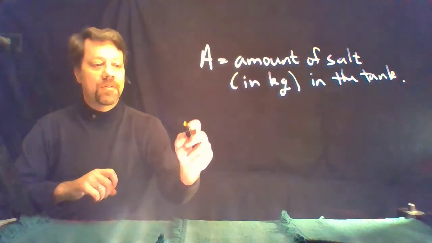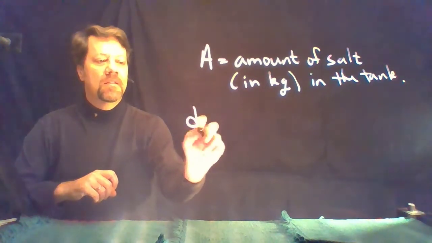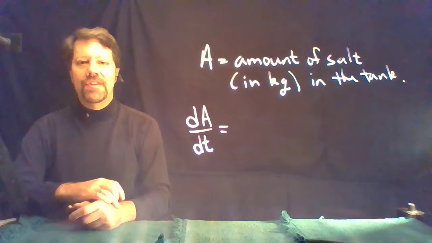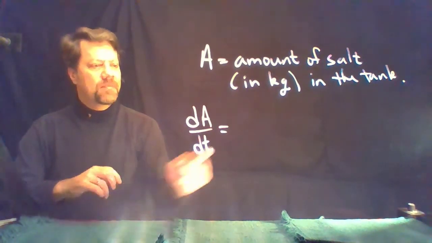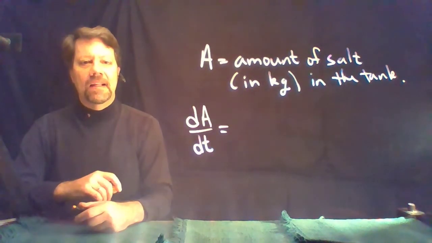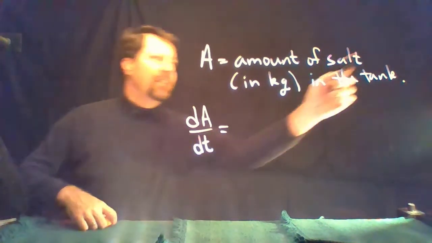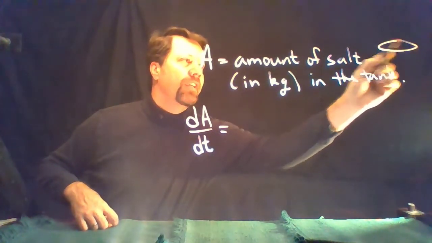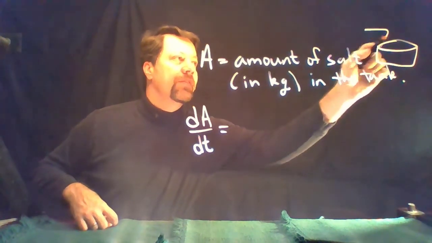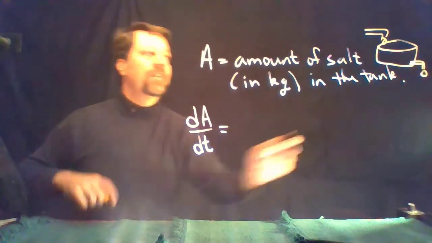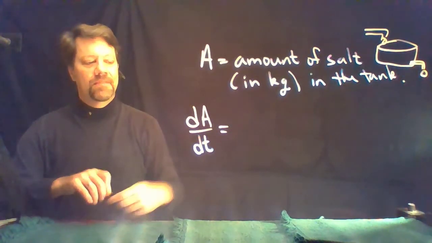Now, there are several rates to consider here. How is salt changing in the tank? Well, there's salt going in. We're adding salt into the tank. If the tank is over here, we have stuff going in, but we also have stuff going out of the tank.